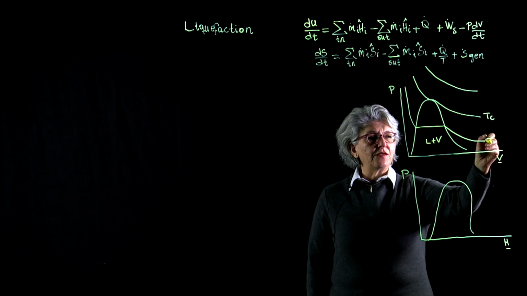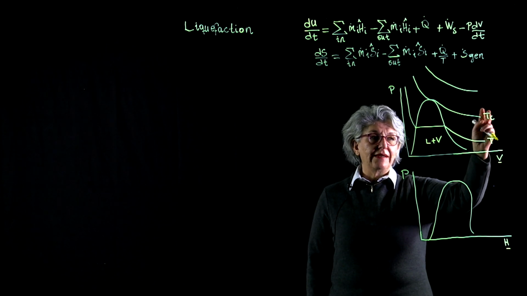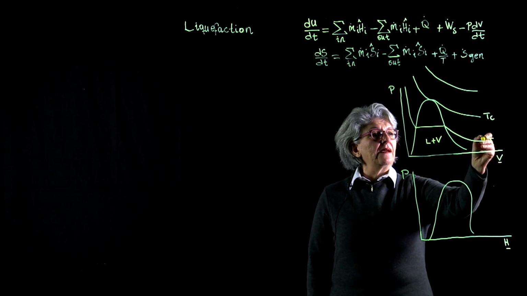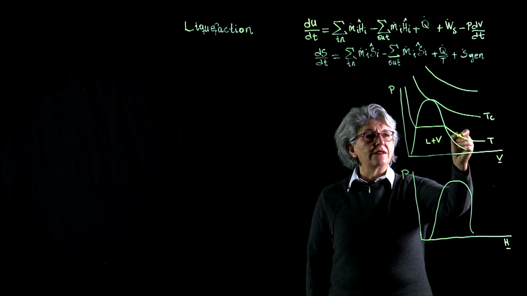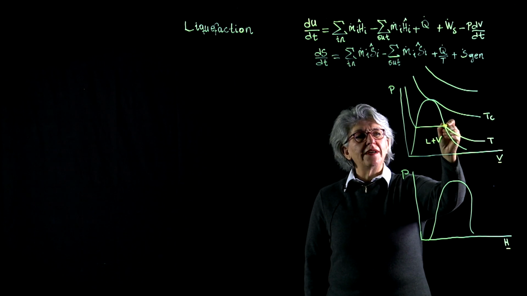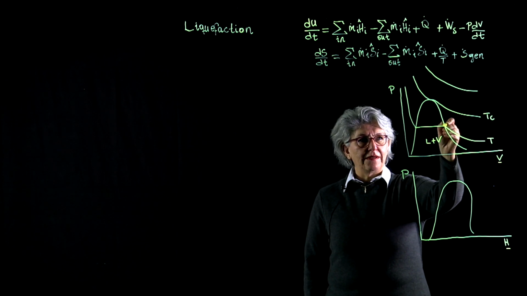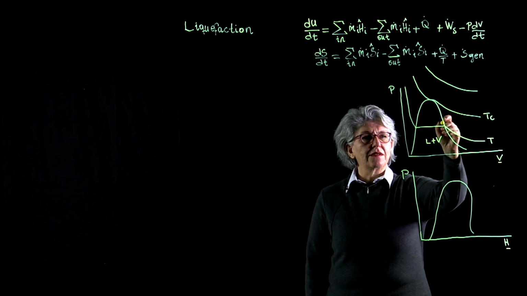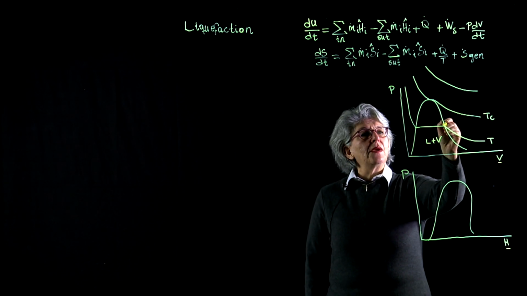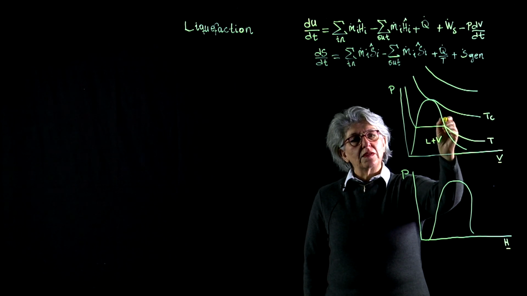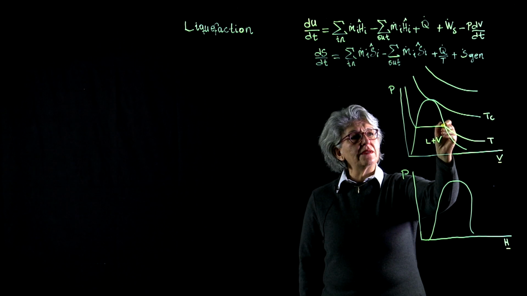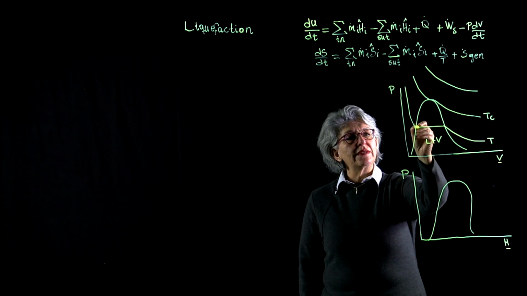When we take this fluid in the vapor domain, at this temperature, if we start increasing its pressure, when it arrives at the vapor two-phase coexistence envelope, the fluid is going to condense. It will start to condense, and it will continue to condense until 100% of it is liquid.